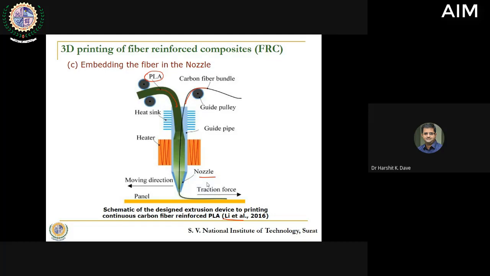Okay, so if I'm just quoting any number, if the polymer works for say about 100 hours of time, the nozzle works for about 100 hours of time. So for pure PLA polymer, when you mix fibers into it, it may work 25 to 30 hours. So that would be the life of these nozzles would be drastically reduced.